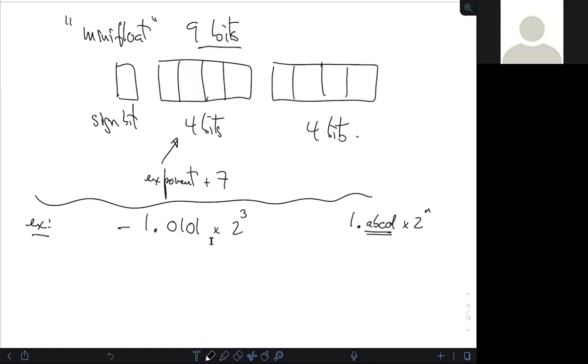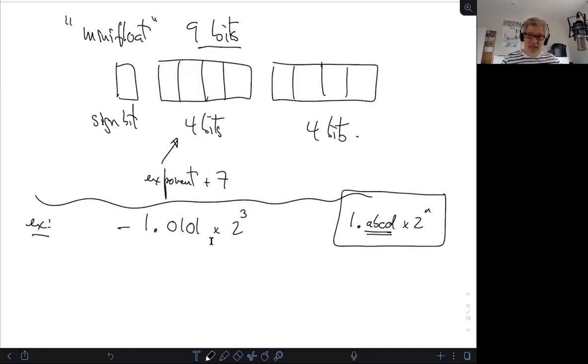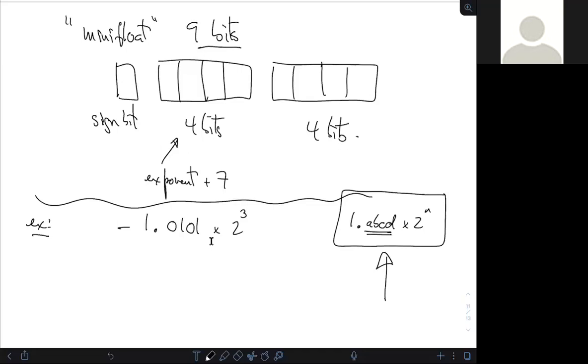I think the question in the WebWorks is what's the biggest number you can encode in minifloat, right? So basically, you have to see what's the biggest number that I can write in exponential form with 4 bits after the point. So ABCD, you have to choose 4 bits to make it as big as possible. I think you can figure that one out.